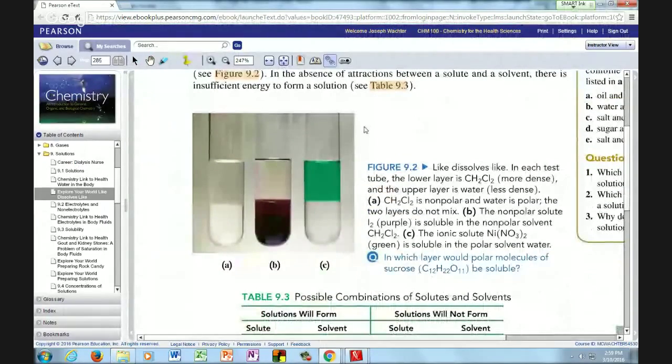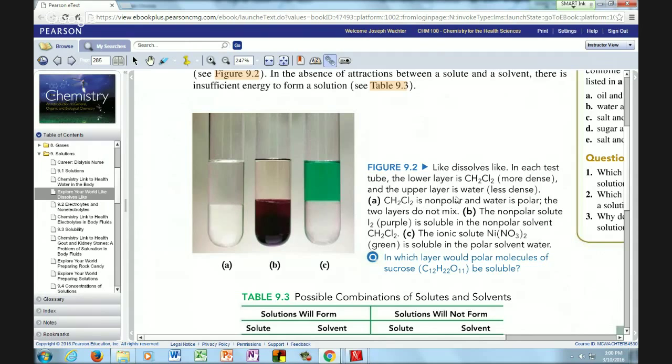In A, we have nonpolar dichloromethane and polar water. So nonpolar on the bottom, polar on the top. They don't mix because this dichloromethane, CH2Cl2, is nonpolar and the water has the polar forces.